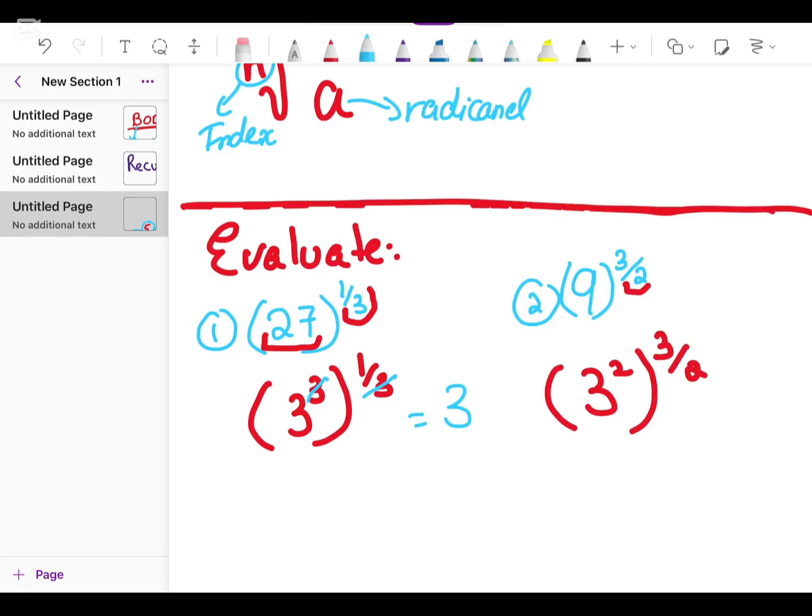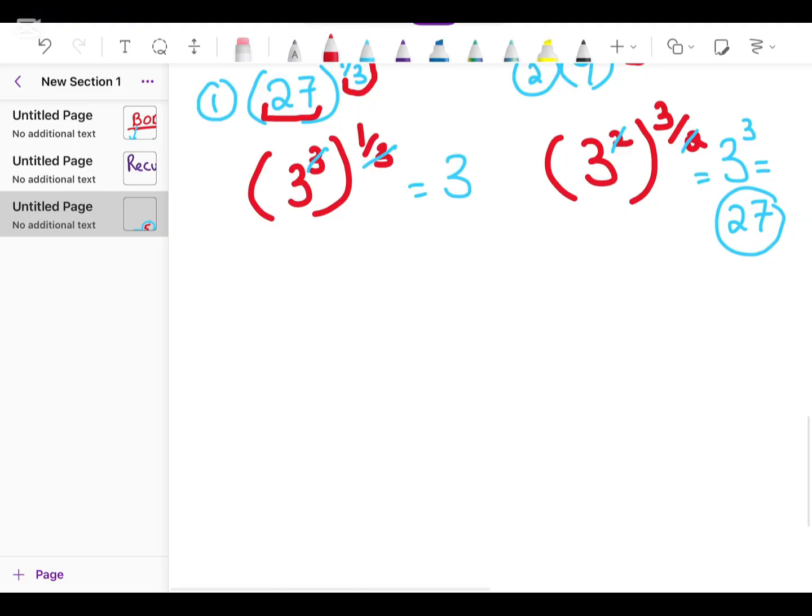Always try to cut down the denominator power. So this 2 will be cancelled out. We get 3 raised to the power 3, which is 27. So the final answer is 27. I hope everything is clear in this question, there is no confusion. We will do one more part and then move towards the past paper question.